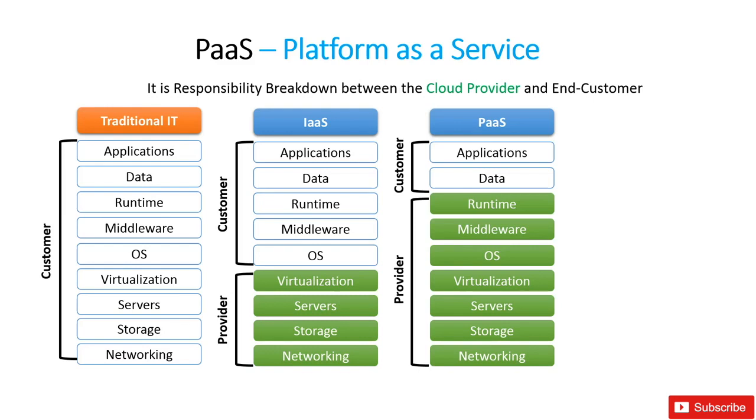The provider will now manage additional layers like the operating system, middleware, runtime environment, the database, web server, etc. And the customer is only responsible for their specific application and of course the data. In simple words, with such platform as a service, we can develop and host our application in the cloud without the headache of building and maintaining the underlying infrastructure.